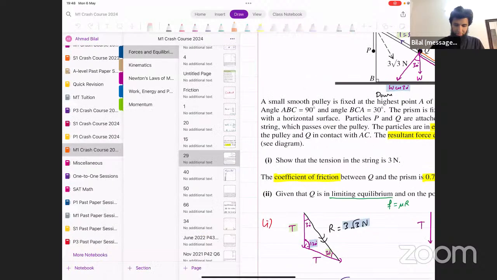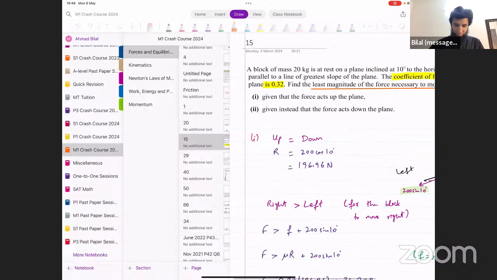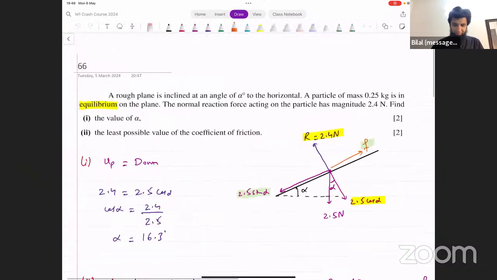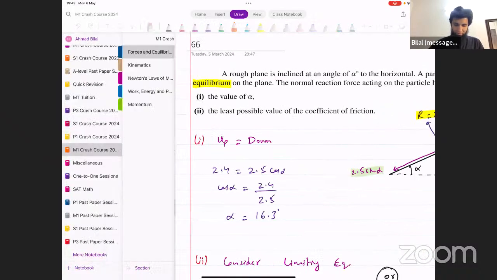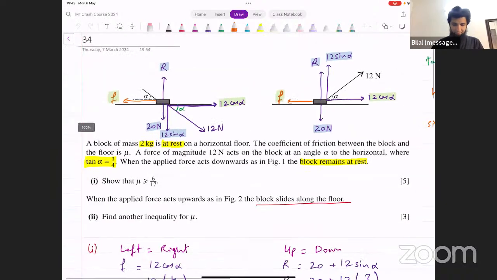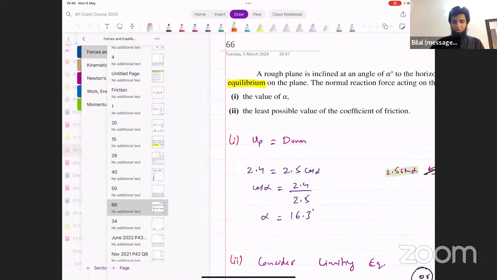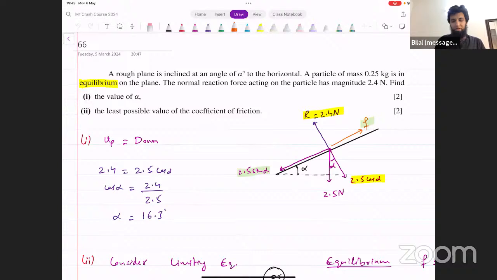Let me see if I can find one such example here. Okay, so in this case, it's not exactly a force, but they're talking about the least possible value for the coefficient of friction, right? That's what they're talking about.